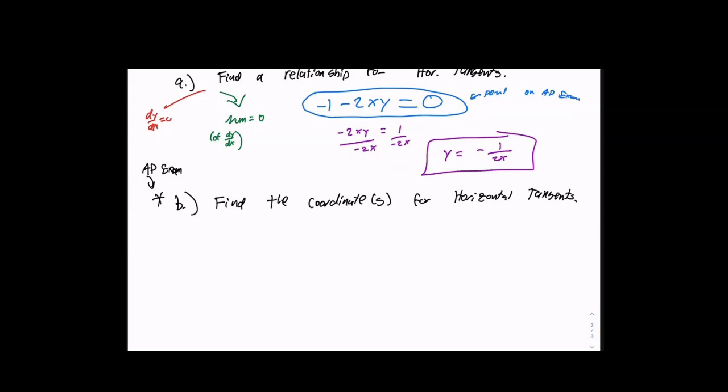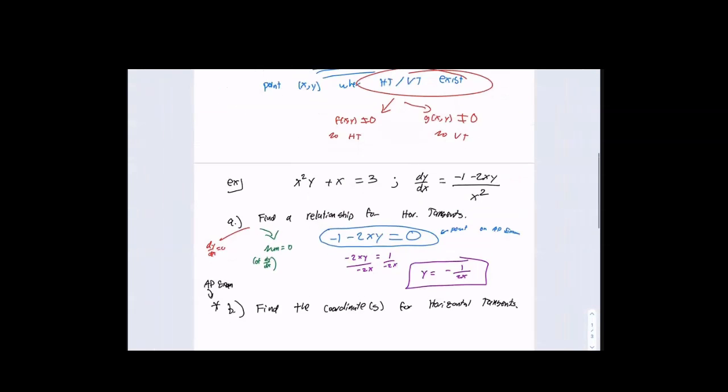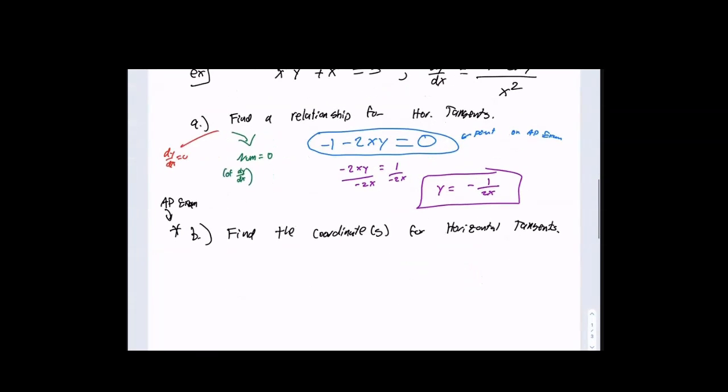Sometimes that will occur. Now, when finding a coordinate, the next step is always the same: we always plug back into the original function to find a coordinate, no matter if it's implicit or explicit.